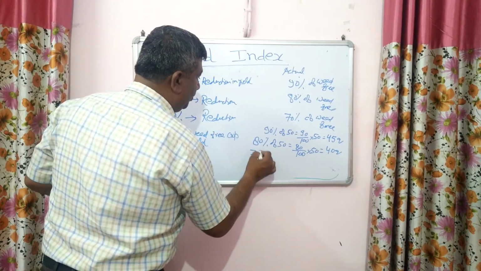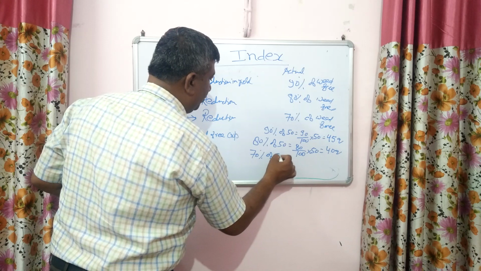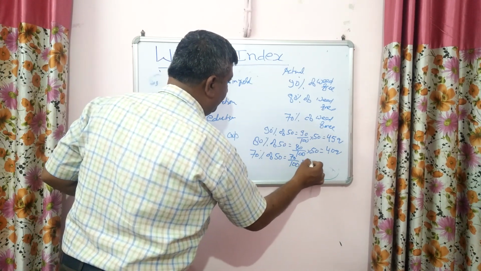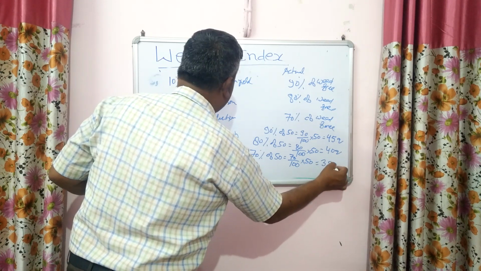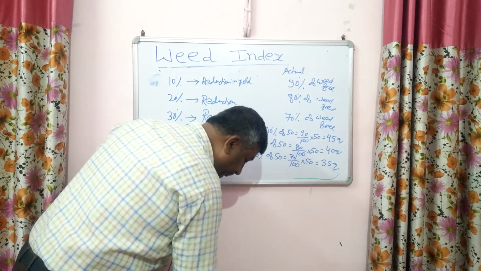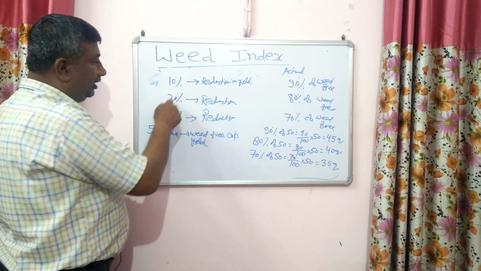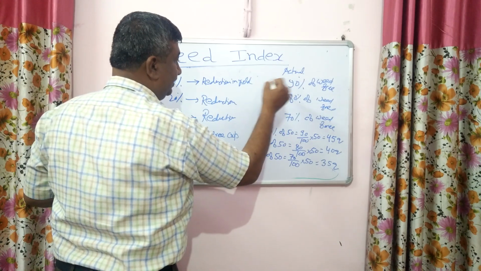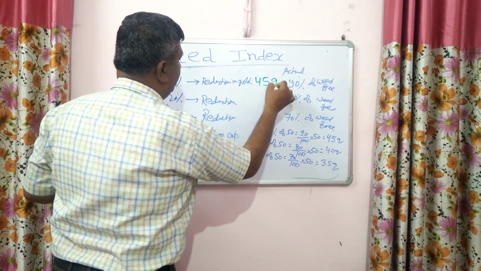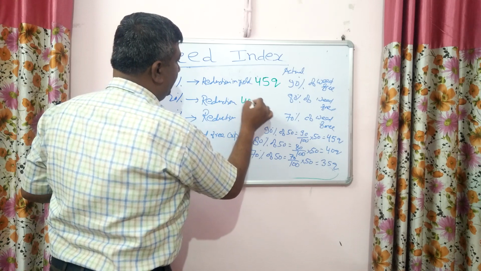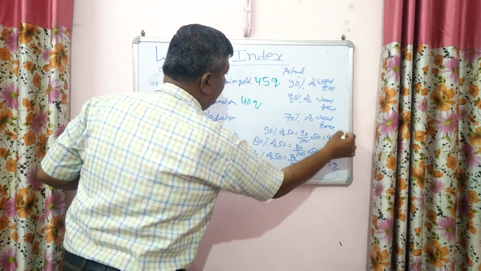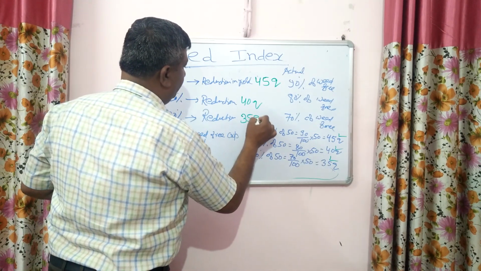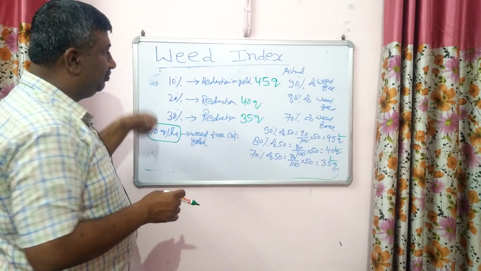And 70% of weed free, 70% of 50, it means 70 upon 100 into 50, that is 35 quintal per hectare. So it means if weed index is 10, 20, 30% and weed free yield is 50 quintal per hectare, then this yield is 45 quintal per hectare, this yield is 40 quintal per hectare, and 30% is 35 quintal per hectare. And then further you can calculate.